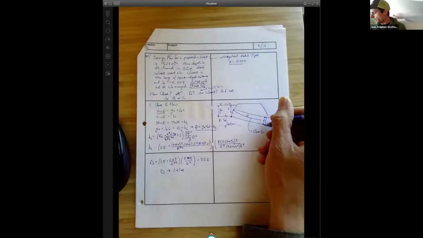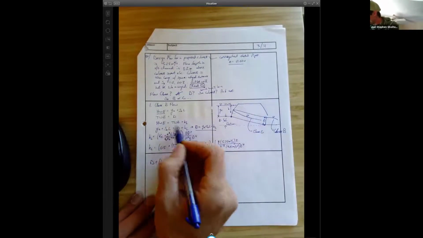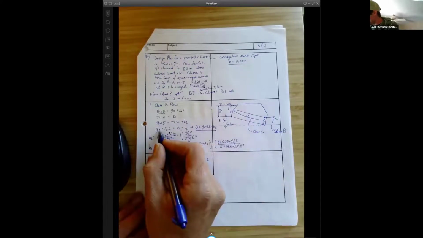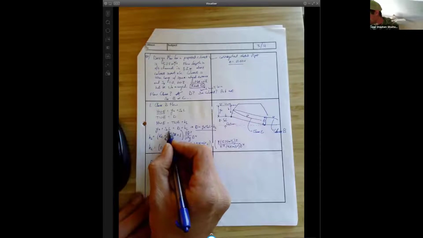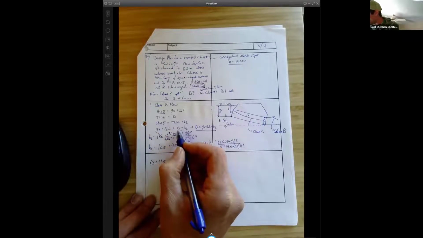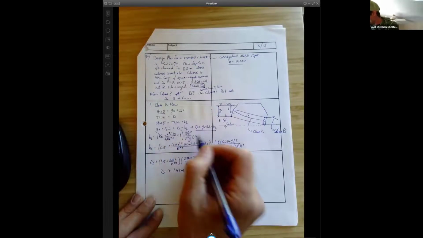It's going to be the diameter of the pipe. We don't know what that is yet. Okay, so headwater elevation is equal to tailwater elevation plus head loss. We can put in the slope times the length plus our normal depth for the headwater elevation. Our tailwater elevation is going to be D, and then our head loss we'll calculate.